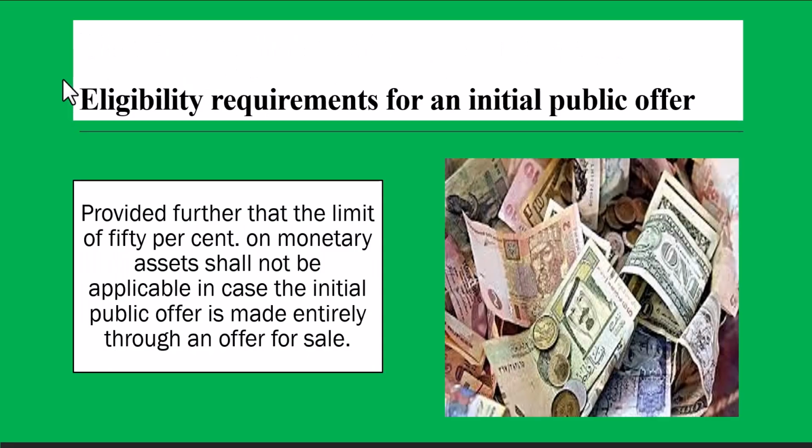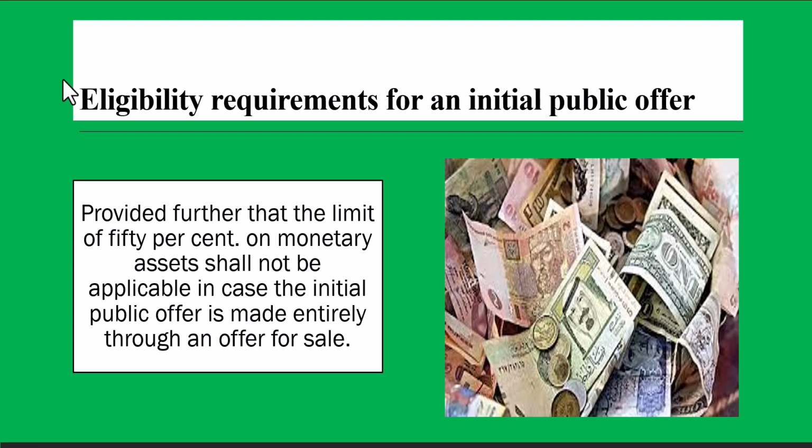Okay, fine. Now this criteria is not applicable in a case where there is an offer for sale, where an existing shareholder is offering its own shares to the public so that he gets money. In that case, this 50% criteria will not be applicable.